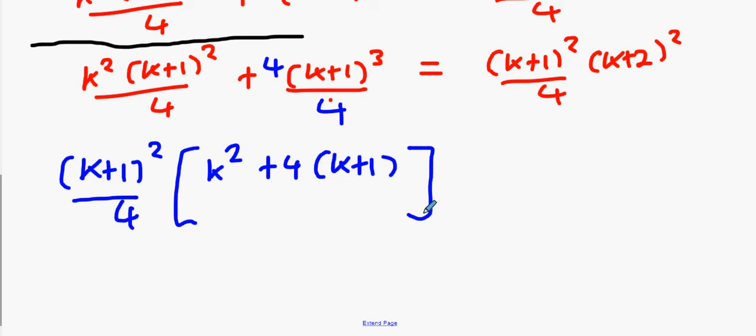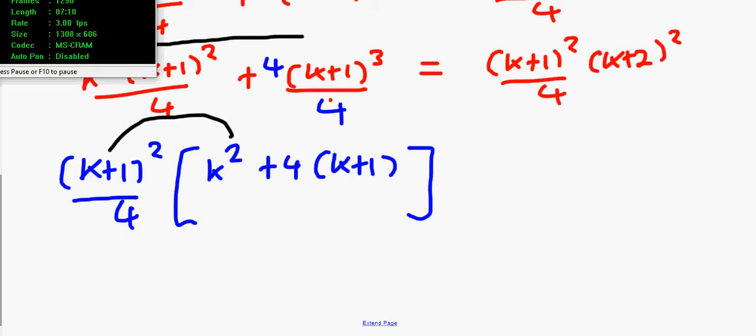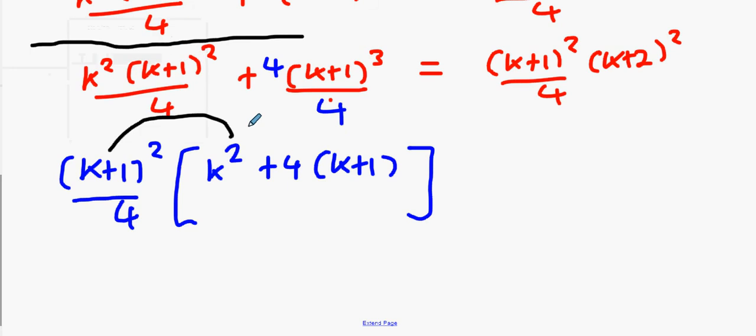Am I correct? Right. Do you agree that if I multiply that back out, if I multiply K plus 1 squared over 4 by K squared, what do I get? Alright. Would everybody agree that K squared multiplied by K plus 1 will get you this here?